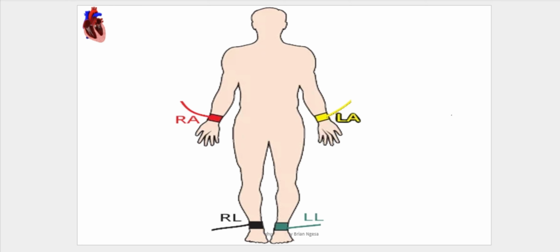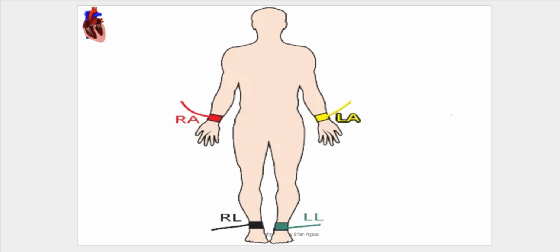So let us examine how they can be placed on the body, on the skin, and also examine the electrical field that these electrodes can create, especially how they relate to the heart. How is the heart able to sense that electrical field generated by the placement of these electrodes? So we'll start with the bipole leads.